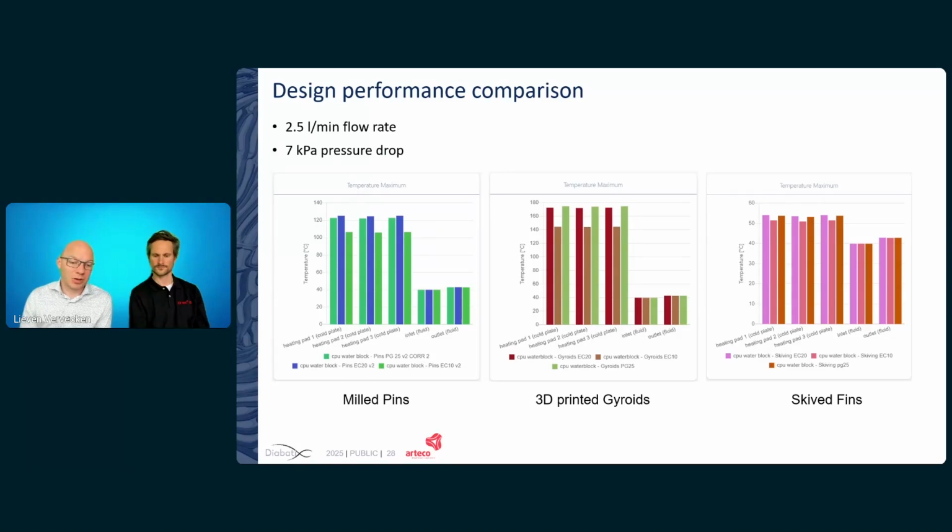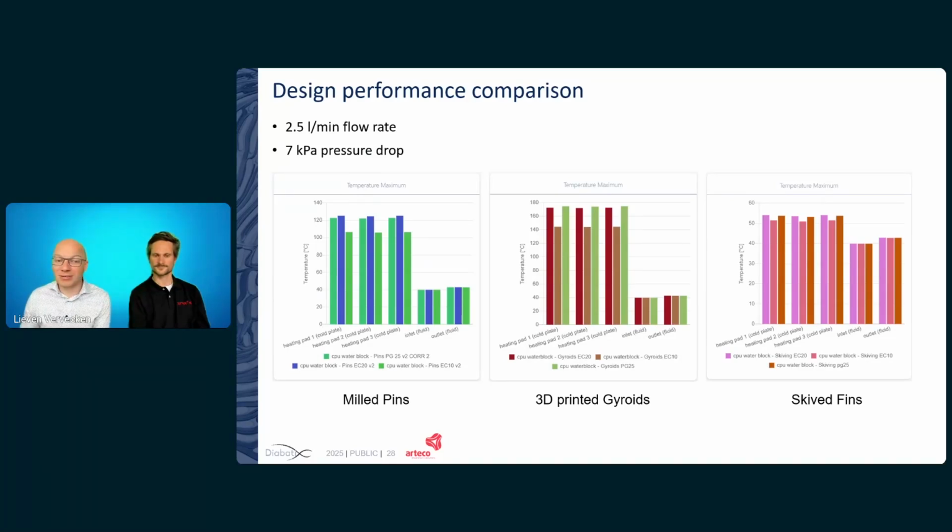I don't think it's a spoiler anymore. I think everyone understood already that the PG25 and the EC20, which is basically the same as the PG25, have the same performance, while the EC10 is the one that has significantly lower temperatures, so significantly higher performance.